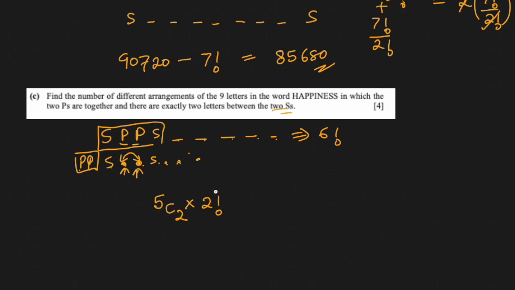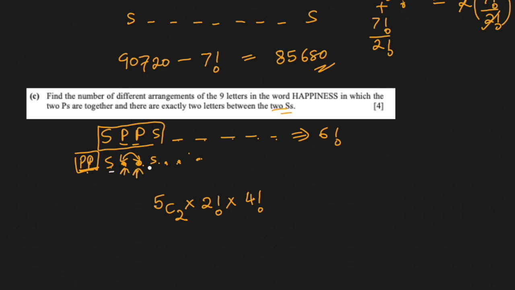Now, this PP can change its place with these 3 only. It can't come in between S and S, otherwise it will become 3 alphabets between the S's. So 1, 2, 3 and 4. There will be 4 factorial ways in which PP can change its place with these 3, which were left out from this arrangement. And finally, look at this.